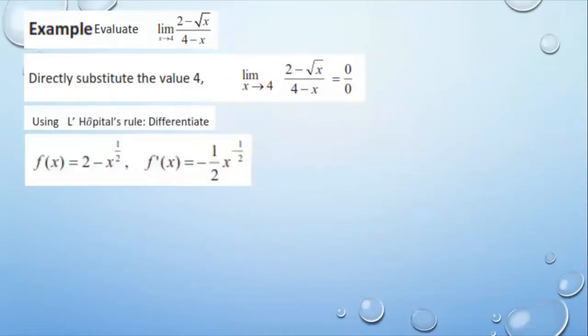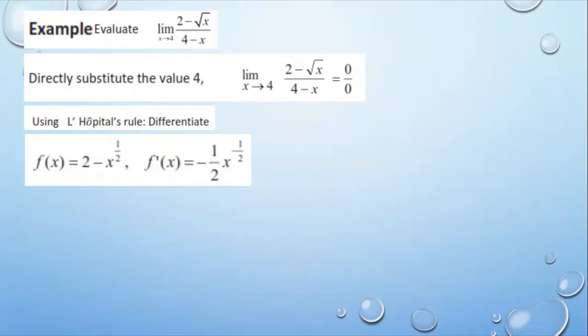Okay. Now using L'Hopital's rule, that means you differentiate the numerator and differentiate the denominator. So in this step, you can see you have differentiated the numerator. The numerator was 2 minus root of x. Root of x is the same as x power half. You have to always write in power form, then you will be able to differentiate. Now differentiating this, when you differentiate 2, you get 0, nothing.